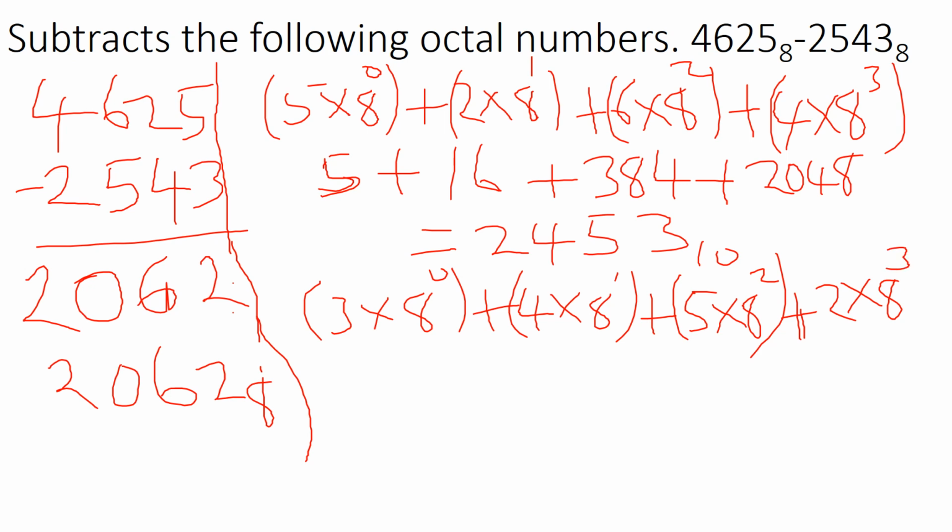We know that any number raised to power 0 is 1. Then we have 3 multiplied by 1, which gives us a 3. Then plus 8 raised to power 1, which is 8, multiplied by 4.